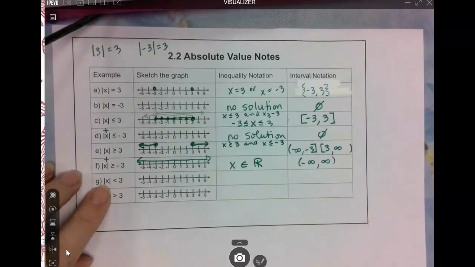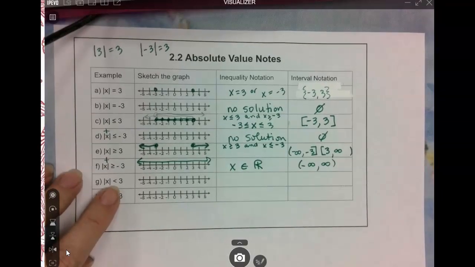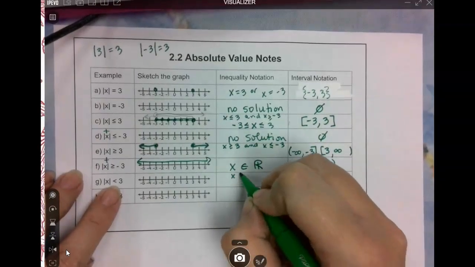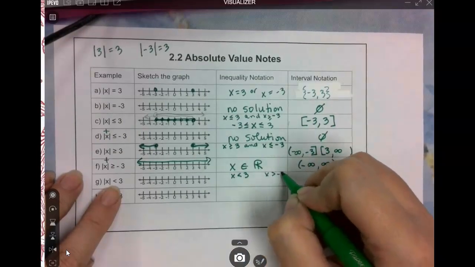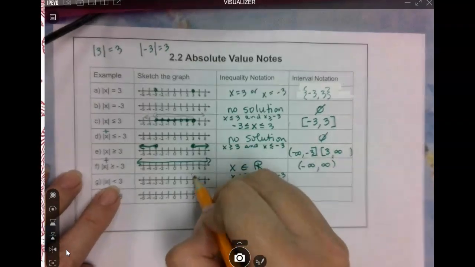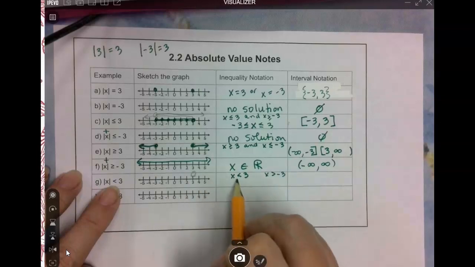All right, now what if we just take the little equals off of there? I didn't put all the options on here, but let's just do these 2 quickly. X is less than 3, so we're going to write it out as our 2 things. X is less than 3, and x is greater than -3. So where's that going to be on our thing? X is less than 3, so here's my 3, and it's an open circle this time because it's not equal.